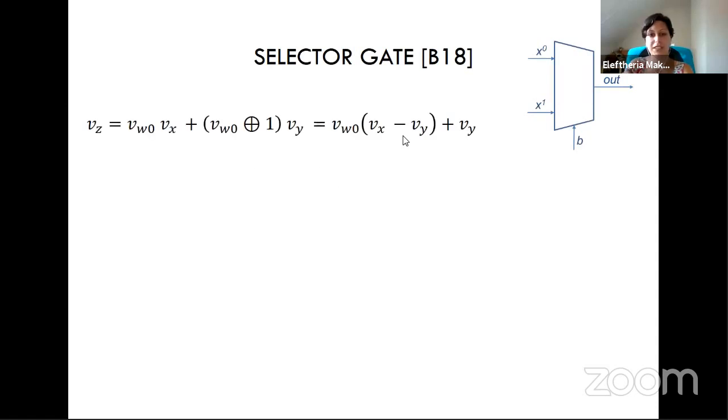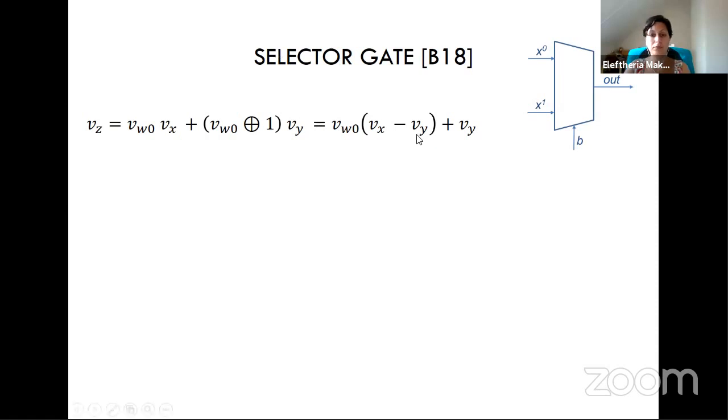I'm just showing you the same equation here as before for the selector gate, with just removing the phi's for the projection. So it's exactly the same thing simplified. And what I want to point out here is that we can actually do a half selector gate. So a half selector gate is a selector gate that gets 1 FP input and 1 Boolean input, and it outputs either the FP input or 0 based on this Boolean bit.